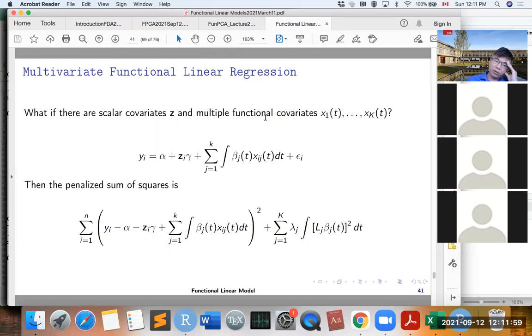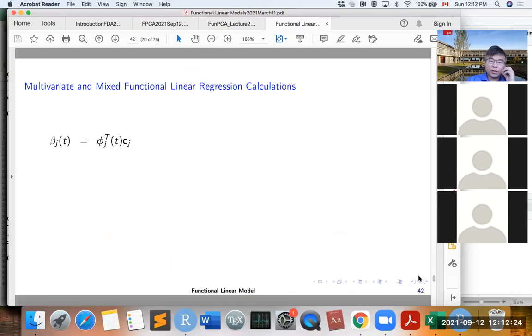If we have multiple functional covariates and scalar covariates, the model looks like this, and we can still minimize the penalized sum of squares, and sorry, this should be minus, and then we have a roughness penalty on beta_j(t). In that case we express beta_j(t) as a linear combination of basis functions separately.